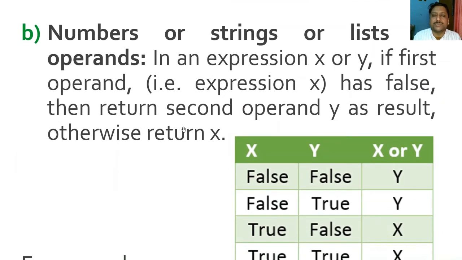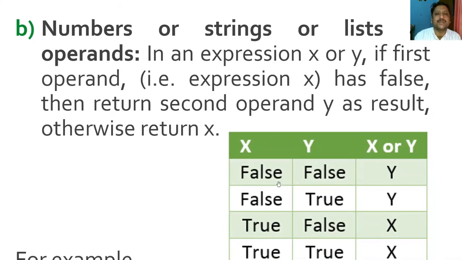Or suppose you are using numbers, strings or lists and comparing them using the OR operator, then what will happen? In an expression x or y, if the first operand is false, then return the second operand y as the result, otherwise return x.